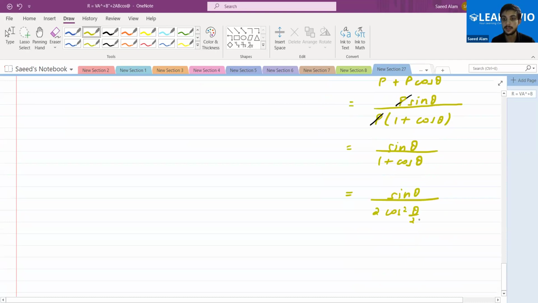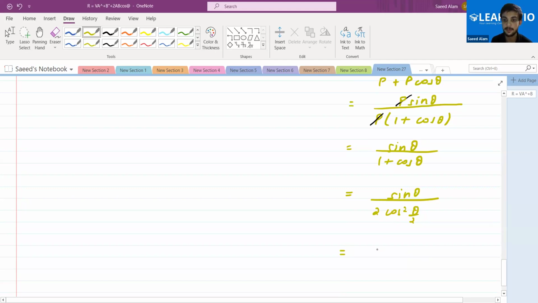Is this clear to you? Can we change the numerator also into the half angle? If we want to halve the angle of the sine, what we used to do was take the sine and the cos as well and multiply the expression with 2.